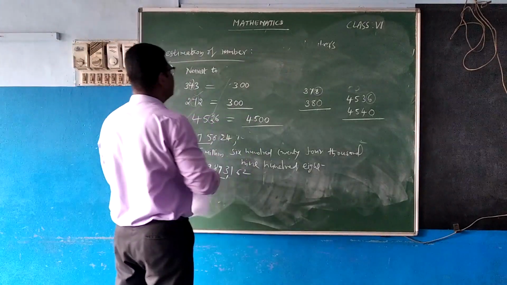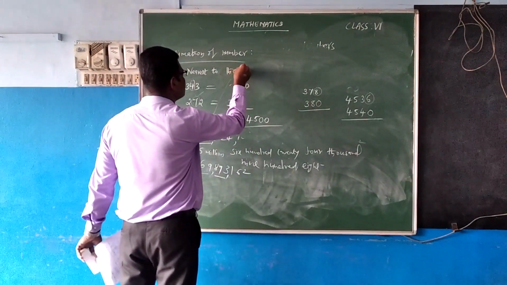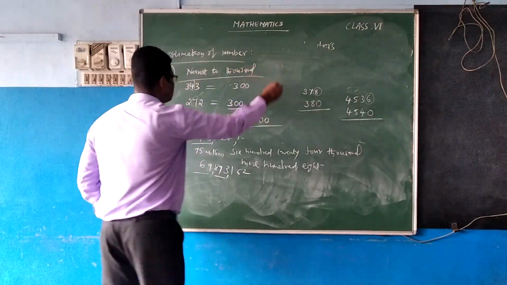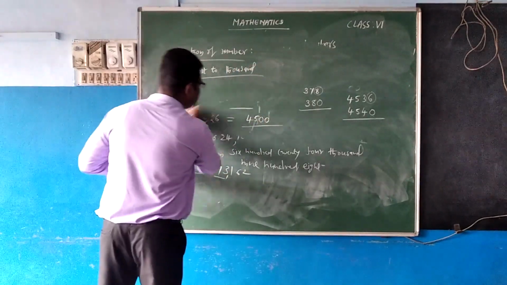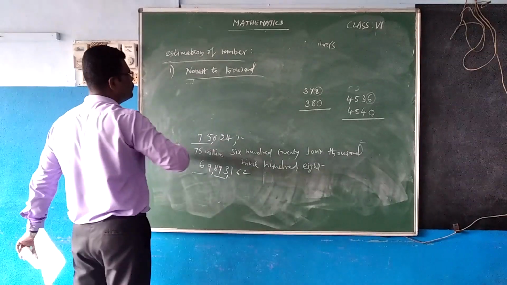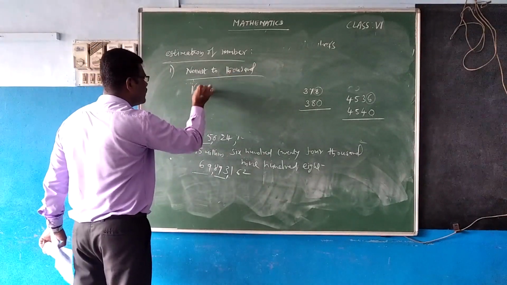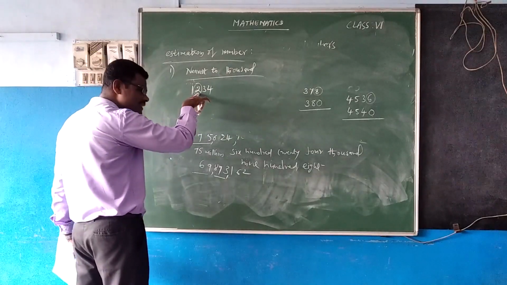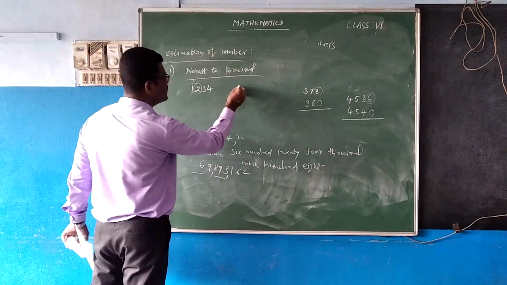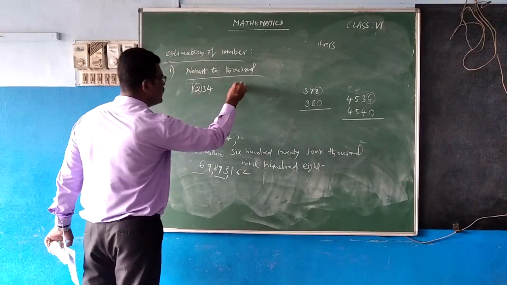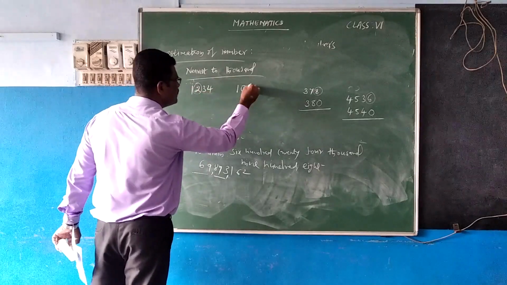Suppose it is nearest to 1000, you look at the hundreds place. For example, I'll write 1, 2, 3, 4. For 1000, you look at the hundreds place. If the hundreds place is less than 5, this place becomes 0. The first one remains as it is, the next will be 0.